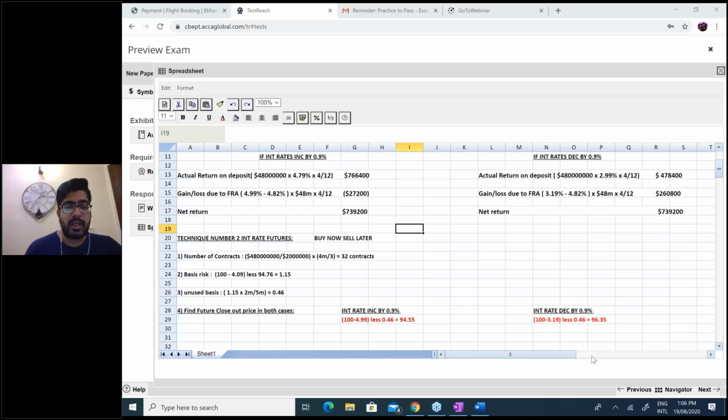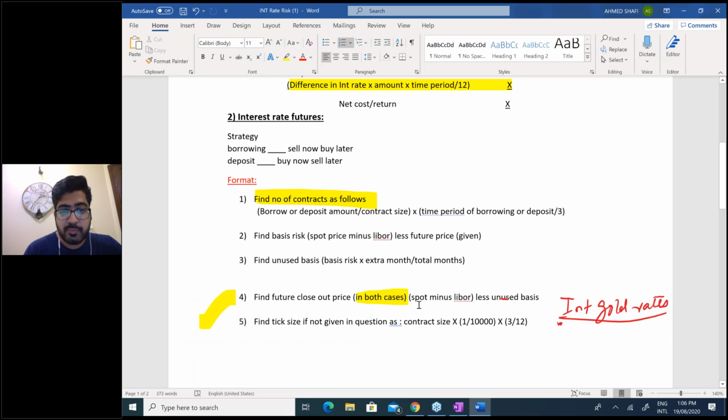I'm just changing the screen. If you look at the question format, the future closeout price format is spot minus LIBOR in the bracket, less unused basis.